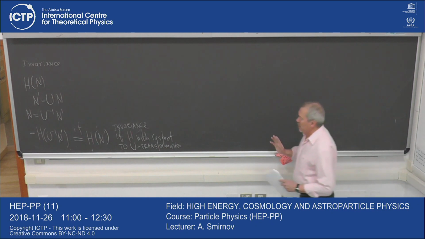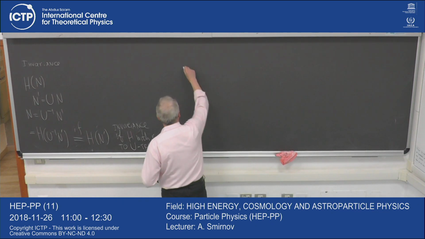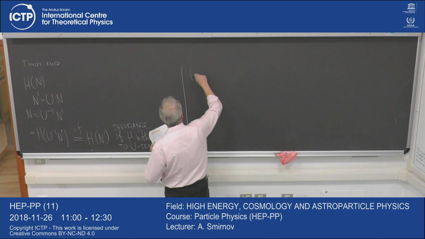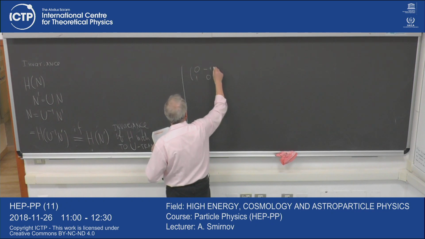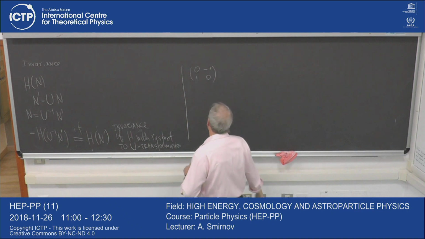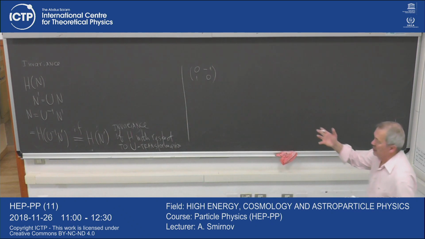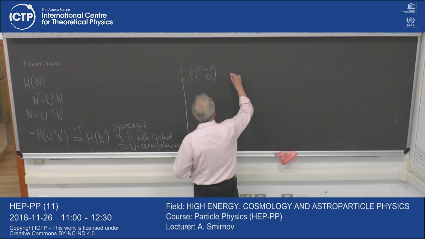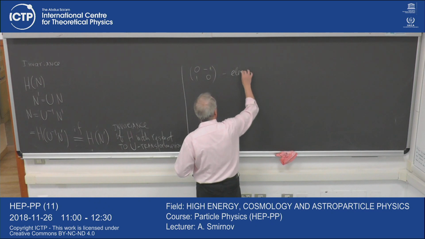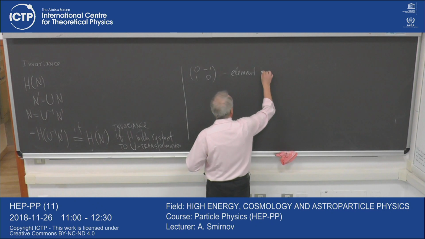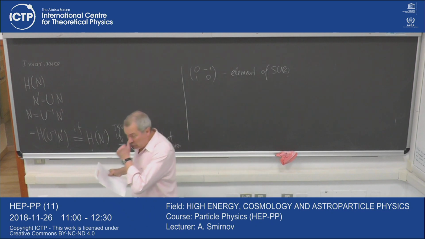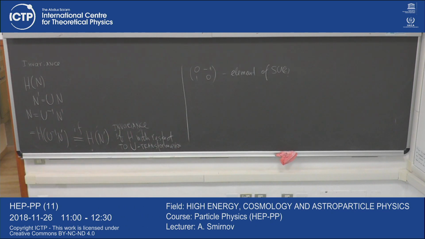Now, we discussed for the time being something very simple, just permutation symmetry. Instead of this simple 0, 1, 1, 0, we can use the element 0, minus 1, 1, 0, which also leads to permutation of states, proton and neutron, with additional charge. Now, this is an element of the SU2 group. And so, in principle, we can discuss bigger symmetry.